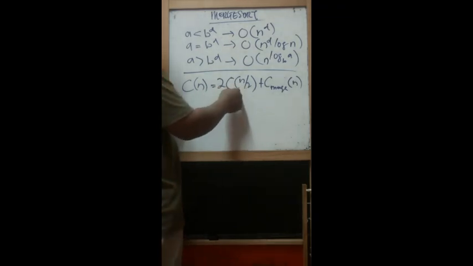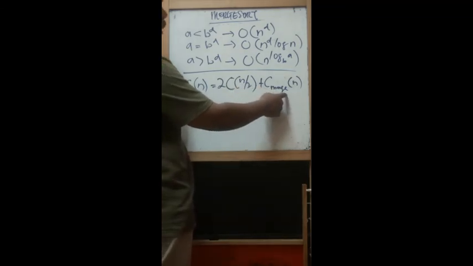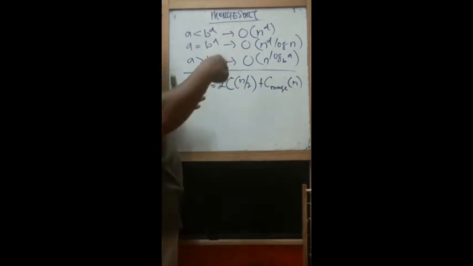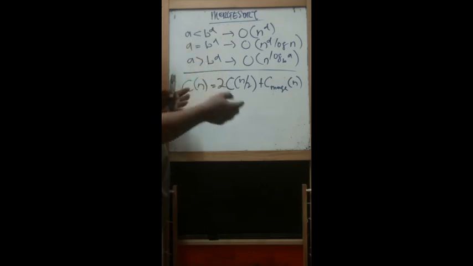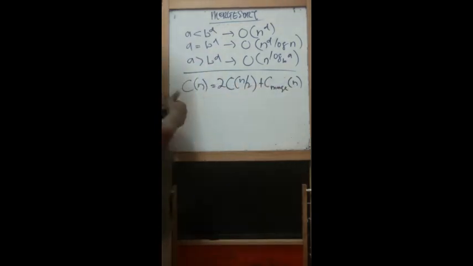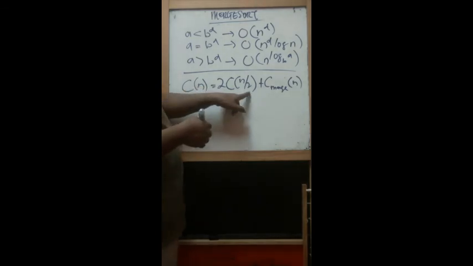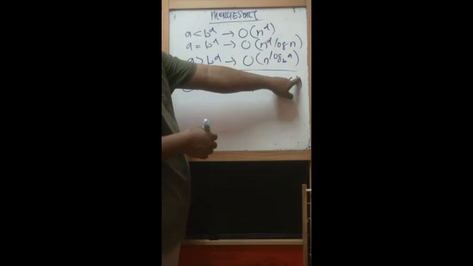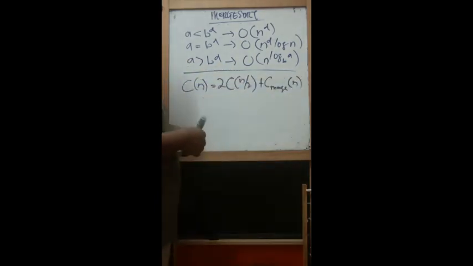That's why it is 2 times C of n over 2, plus the merge step. The comparison in merge sort is n, because for every element we have to merge and compare. So now we identify a is equal to 2, b equal to 2, d equal to n, because n is n to the power of 1, so d equals 1.